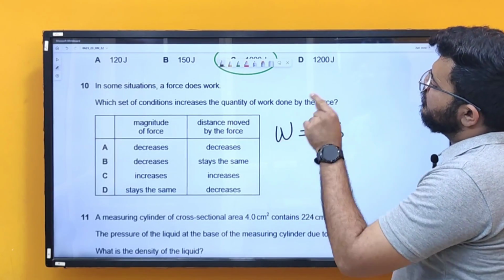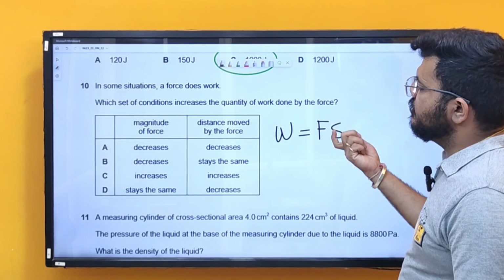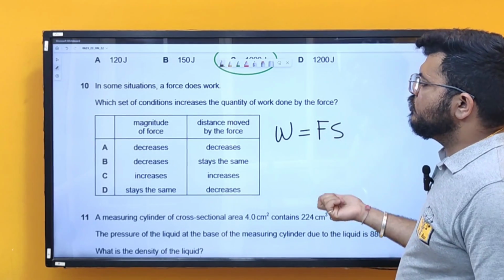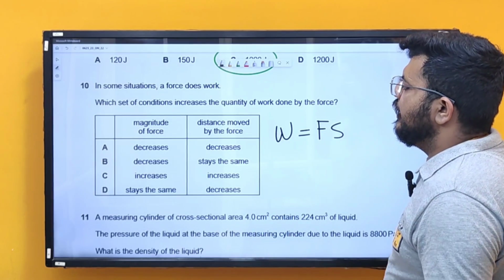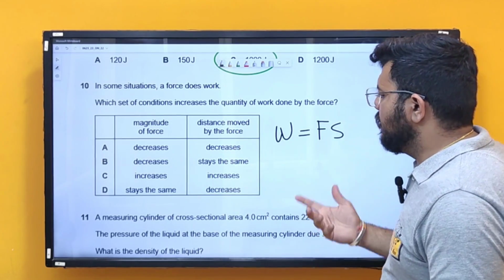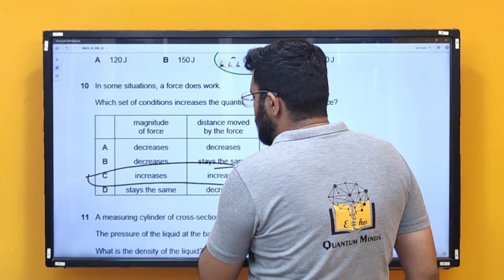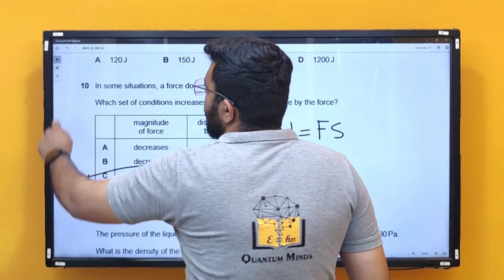So if work done increases, distance moved increases. If force decreases or distance moved decreases, work done does not increase. One of them remaining the same does not work out. So definitely option C, both of them must be increasing for work done to increase. Okay, that's your answer.